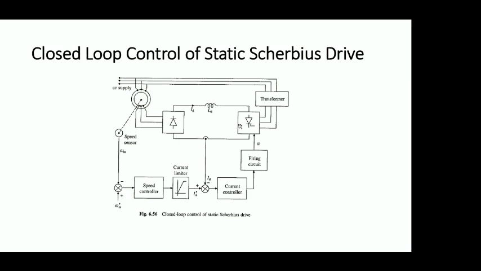Before going to the closed loop control, wherever you need control, you have to make some measurements. So we will check what the measurements are here. Here we have a speed sensor, or tacho.